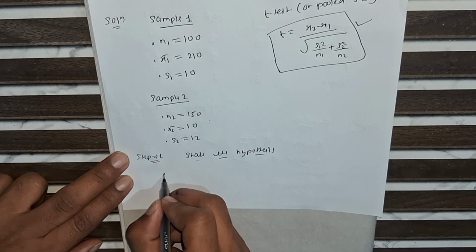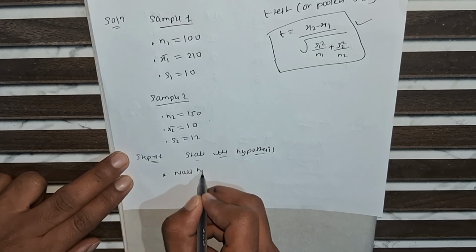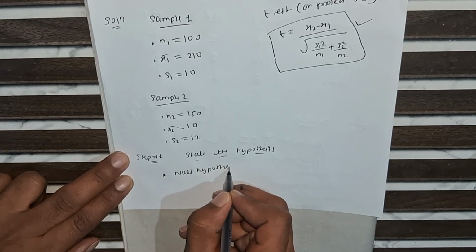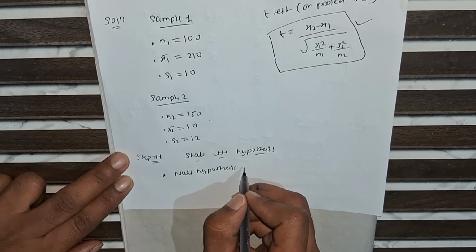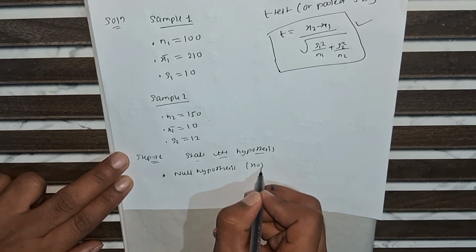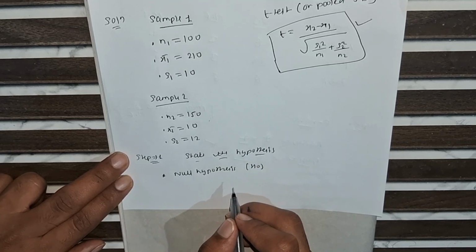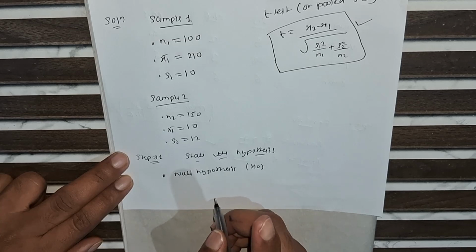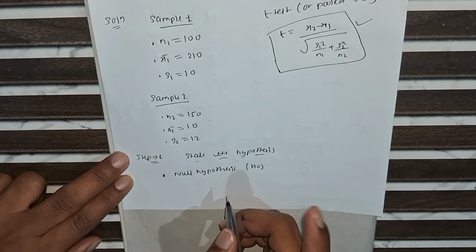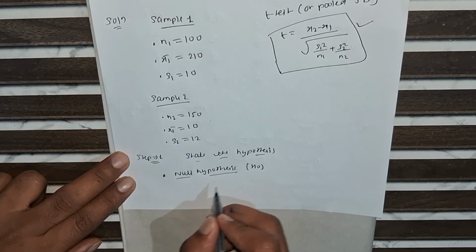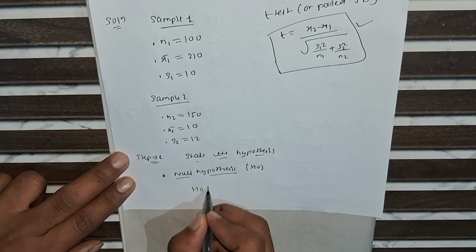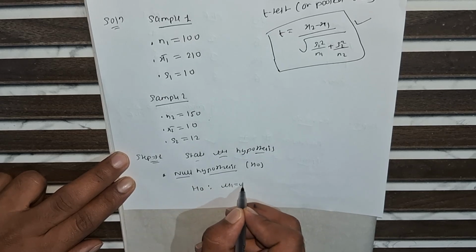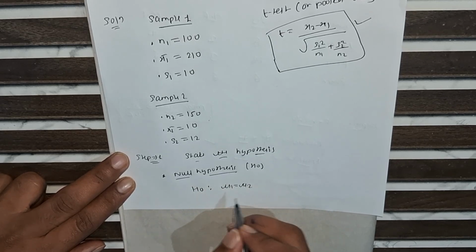The first one is the null hypothesis, which can be represented as H naught. There is no significant difference between the average income of the two localities. We can write it as H naught: mu1 equals mu2, meaning there is no difference between the two localities.